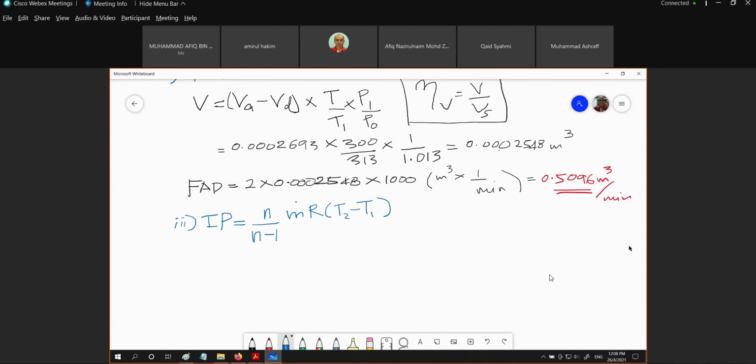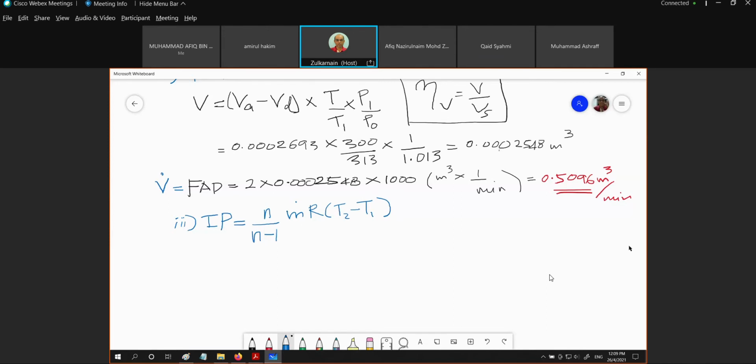Remember, this is our V dot, equal to the free air delivery. Please bear in mind, this is for the double acting, not for the single side, because we have multiplied by 2 sides right here.